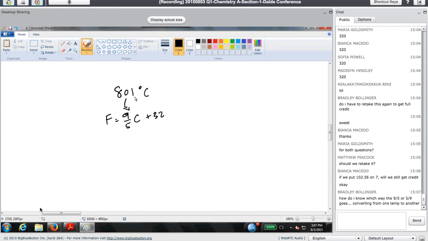How do you know which way the 9/5 or the 5/9 goes, converting from one temperature to another? Okay. Let me think about how to answer that. If I want to convert this, Fahrenheit equals C minus 32 times 5/9.